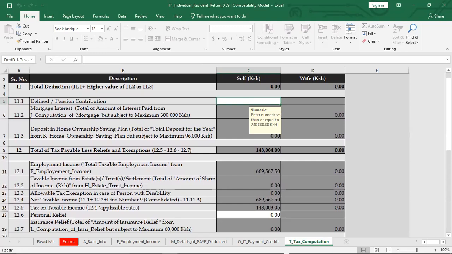Then we have 11.1 defined contribution pension. Now that is where we are coming. So we go to our P9. Yes. We go to our P9. So where you were concerned. So we have defined contribution retirement scheme.